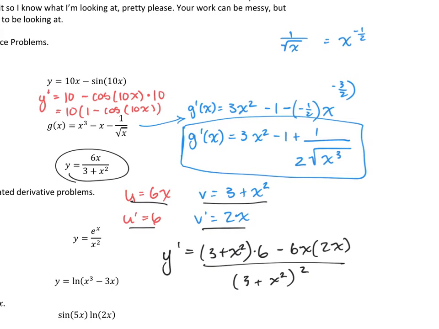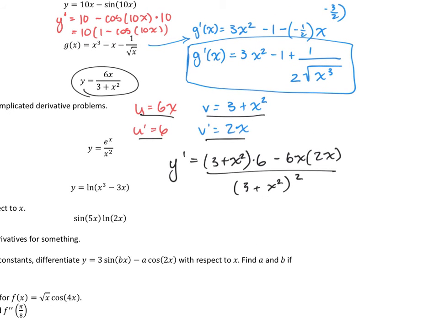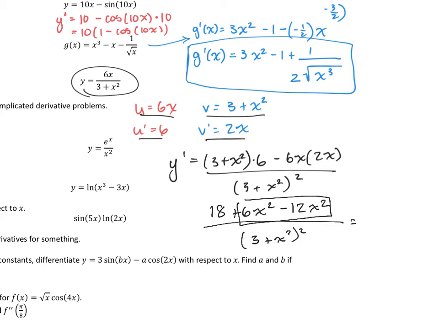And then let's simplify that for ourselves a little bit. That would get us 18 plus 6x squared minus 12x squared all over 3 plus x squared squared, which obviously we can put these two together, and we'd get 18 minus 6x squared all over 3 plus x squared squared.